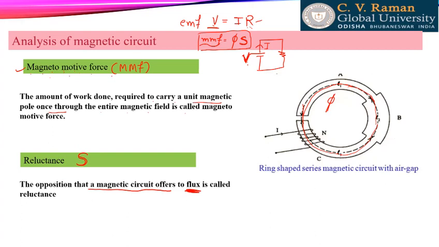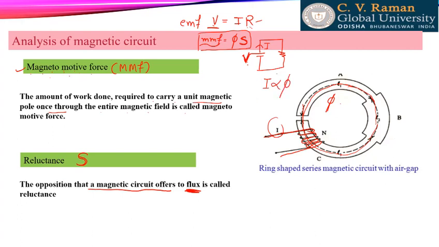And from where we are getting this MMF? As we have already discussed, when this current is flowing through this winding, then this flux is produced. More current, more flux.